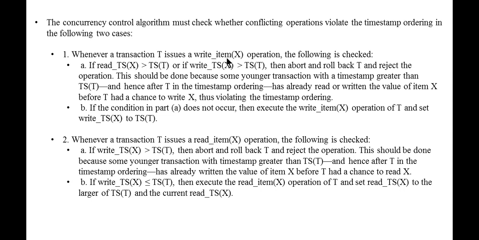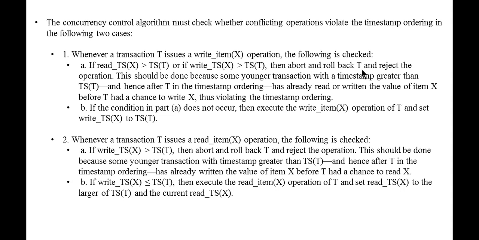If write item of X is issued, then it checks whether the read timestamp of X is greater than the timestamp of T, or the write timestamp of X is greater than the timestamp of T. It is checking these two conditions. If any one of these two is true, then abort and roll back the transaction T.